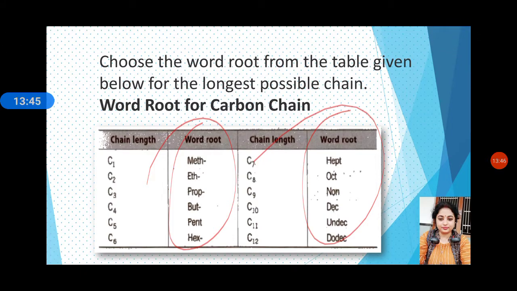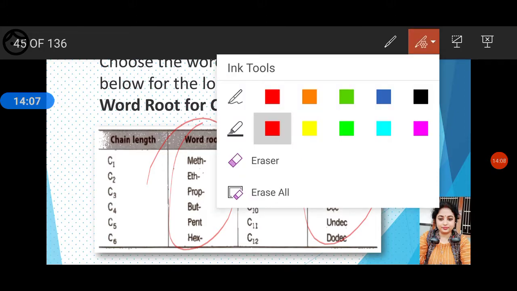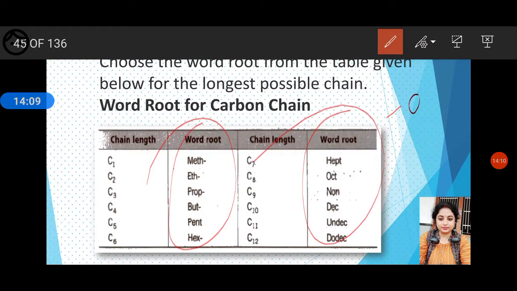So what is a primary suffix? Primary suffixes are added to the root word to show saturation or unsaturation in a carbon chain. Saturated means it is an alkane, so the primary suffix will be ane.